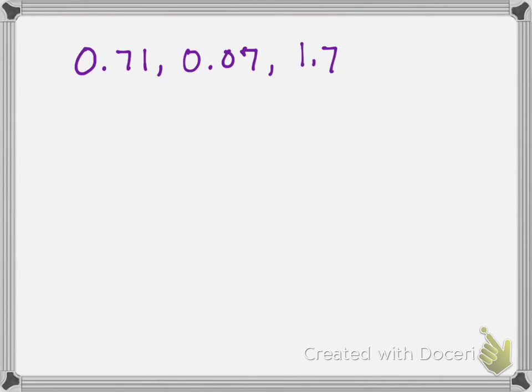The next example are 3 decimals, and we automatically are going to look at the whole number. This one has a 0, this one has a 0, and this one has a 1. So automatically, this one is going to be our greatest. Okay, so let's see what else is going to happen here. We're going to go to the tenths. And we see that this one has a 7, and this one has a 0.